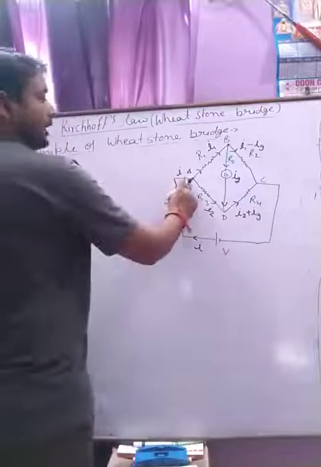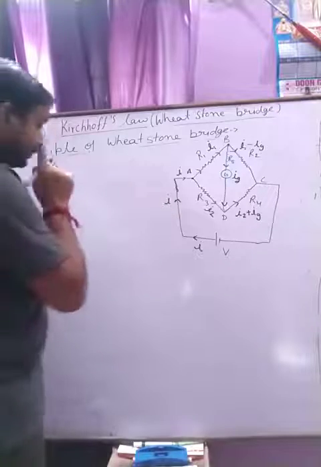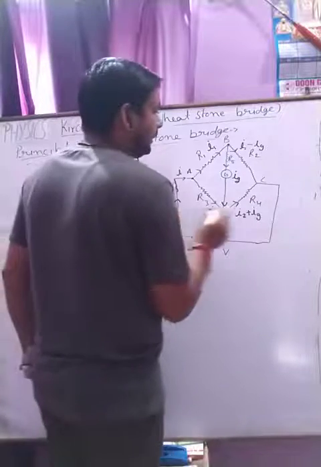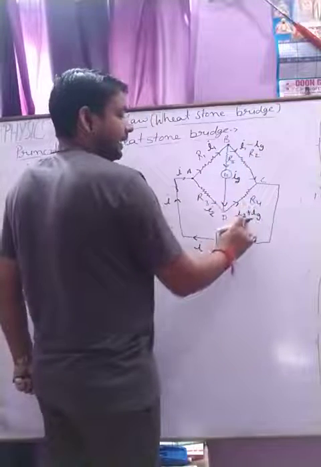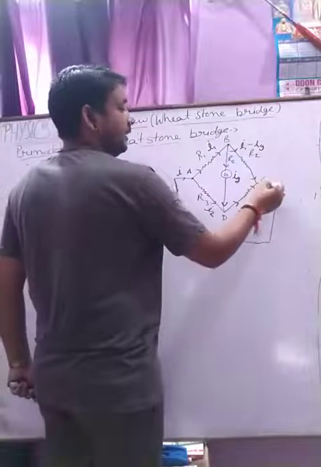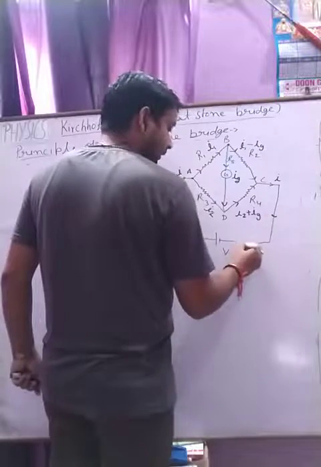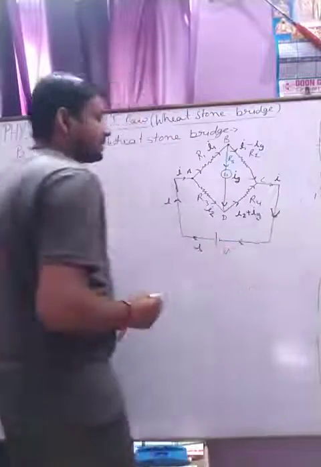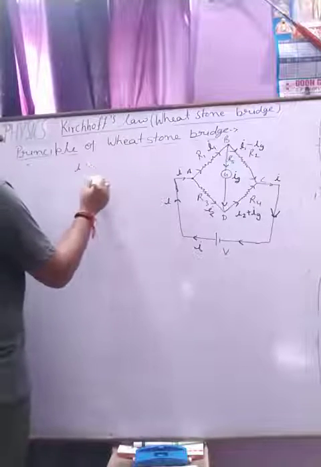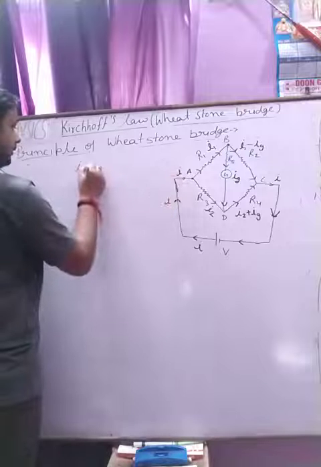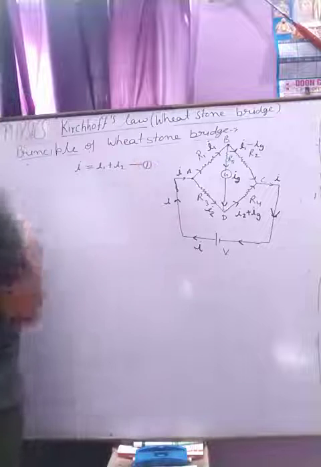When these two currents, I1 minus Ig and I2 plus Ig, reach point C, this will become current I. Now we understood the distribution of current. The current I is distributed into I1 plus I2. This is your equation first.